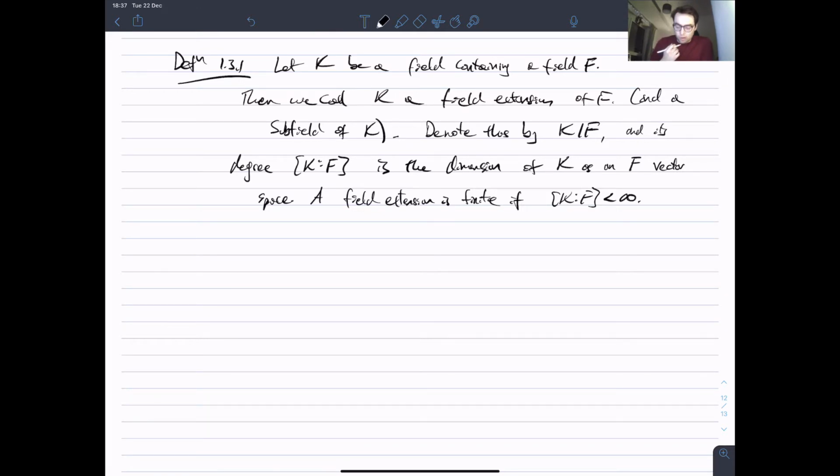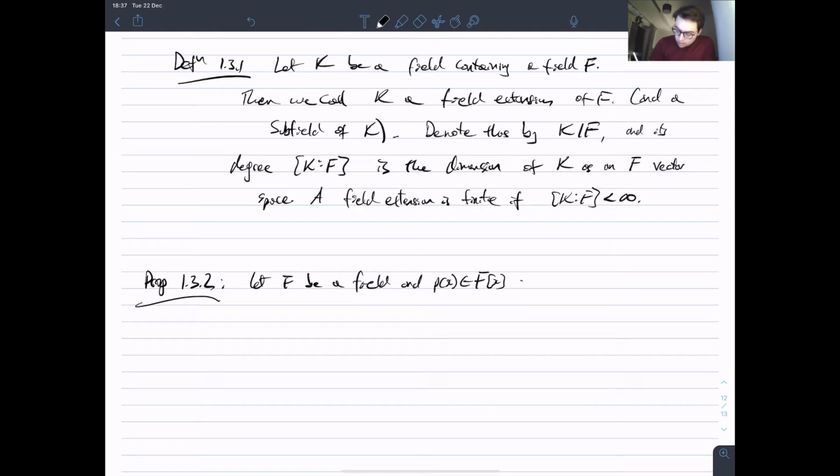Okay, so let's look at what the degrees of the fields we get by adjoining some irreducible polynomial are. So here's a proposition 1.3.2. Let F be a field, and p(x) in F[x] an irreducible polynomial of degree n.